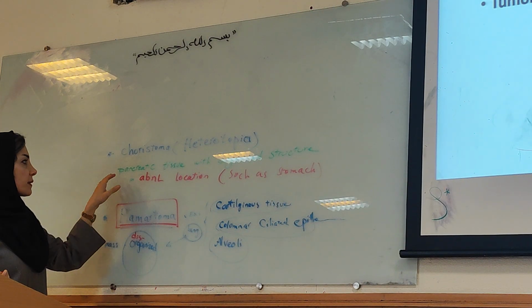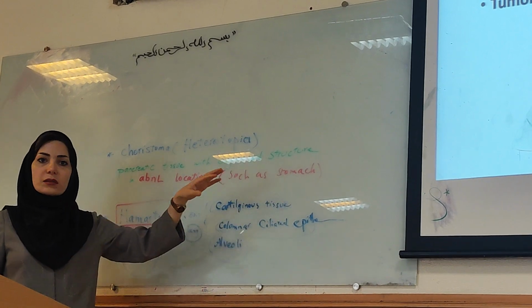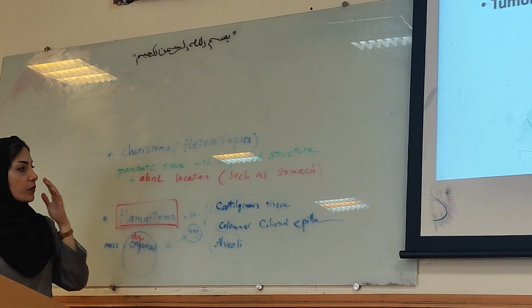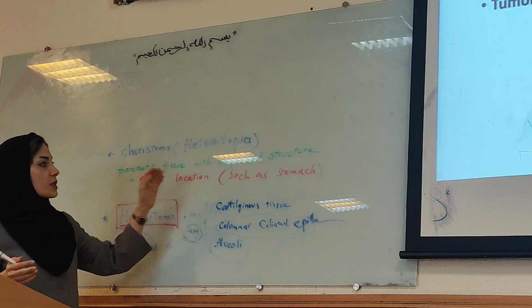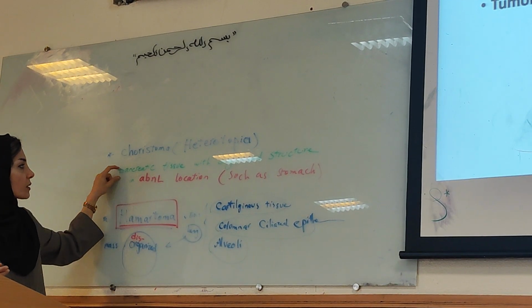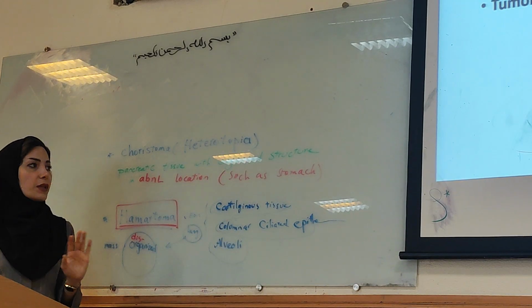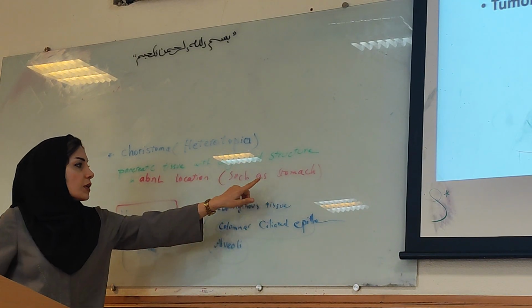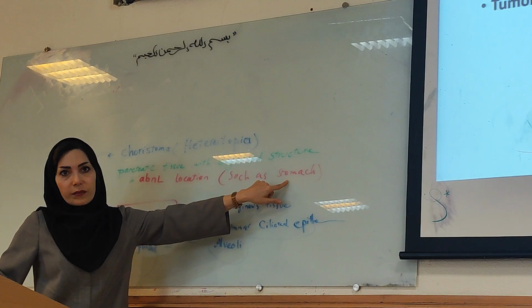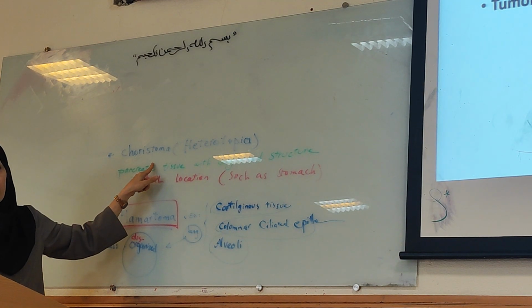We don't expect to see pancreatic tissue in the stomach, but sometimes you see part of pancreatic tissue with organized structure, without any disorganization, in the stomach. It means heterotopia or choristoma.